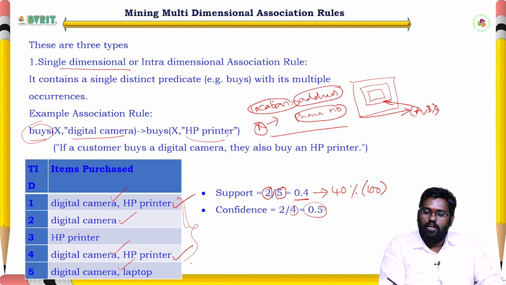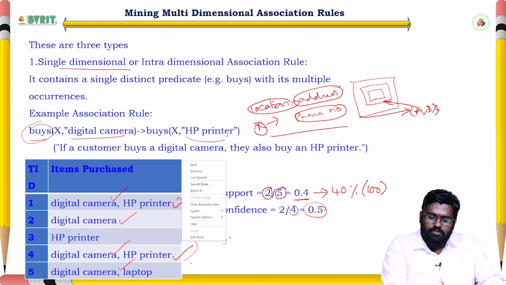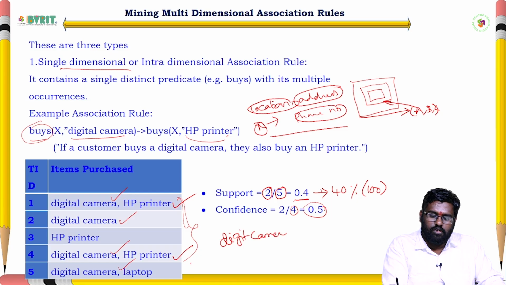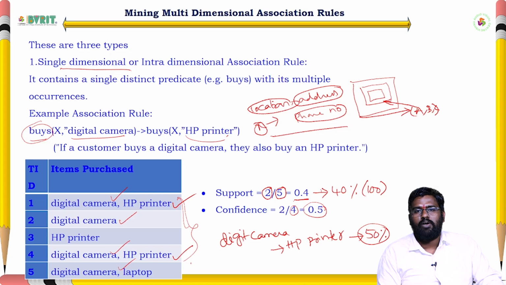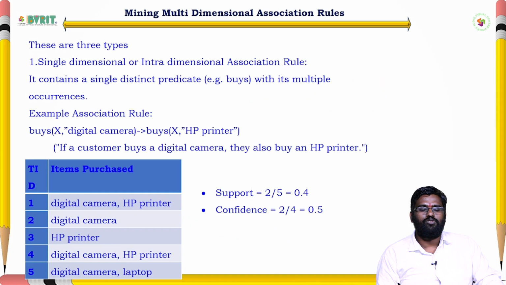That means purchasing the digital camera with the HP printer has a confidence of only 50%. If they purchase a digital camera, they have a 50% chance of buying the HP printer. That is the single dimensional association rule.